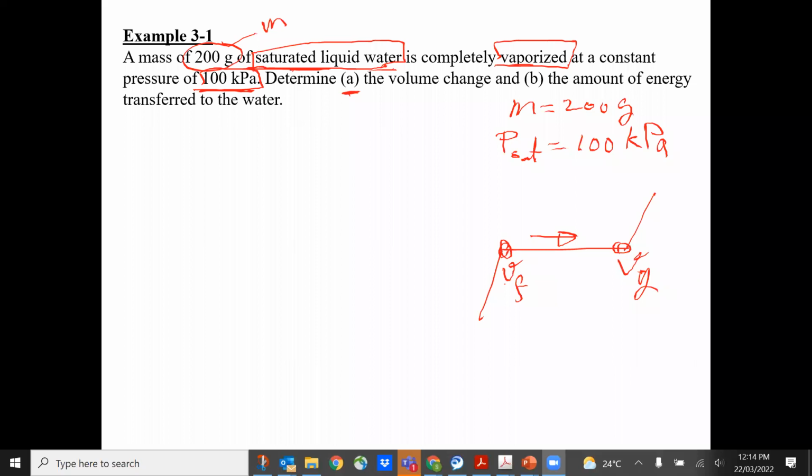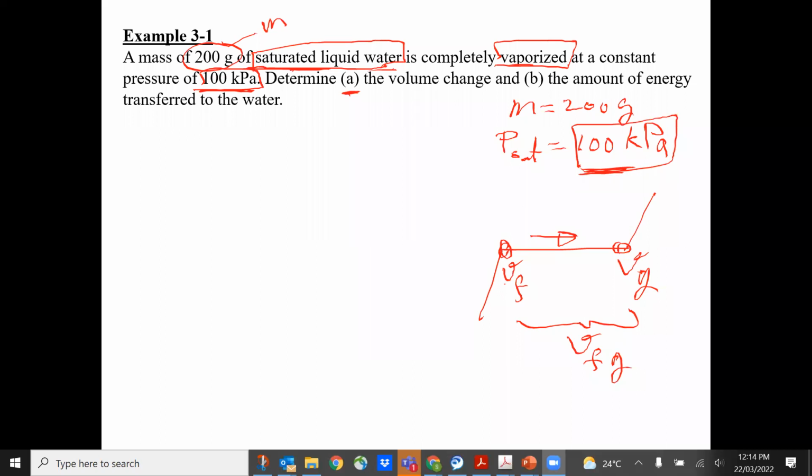We need to know the difference, VFG. So what do you think we should do? X times VFG. Yes, at this pressure we go to the pressure table, correct?